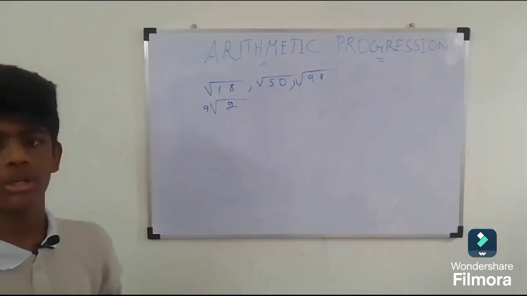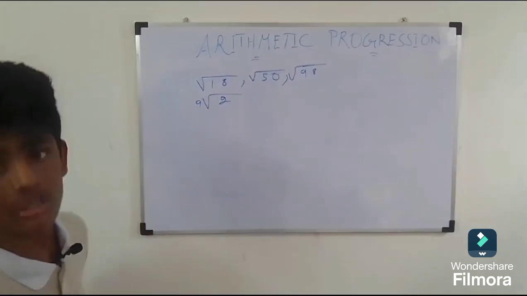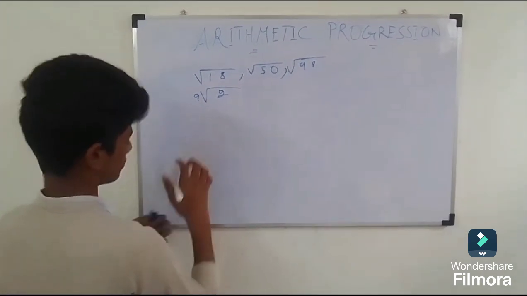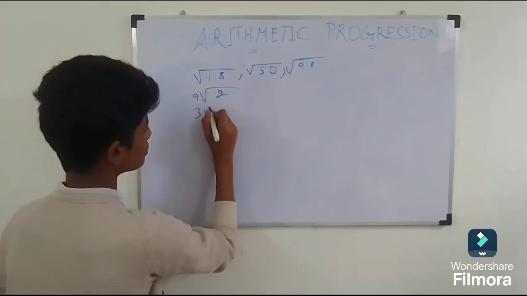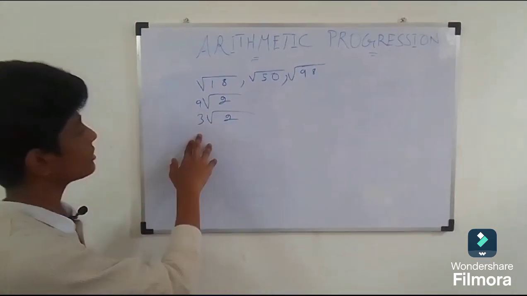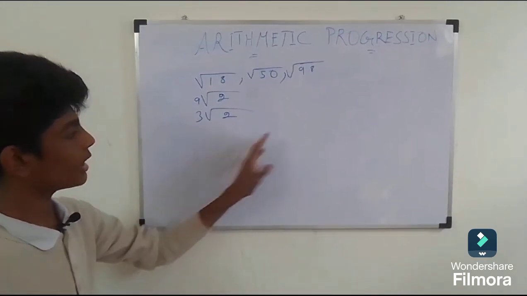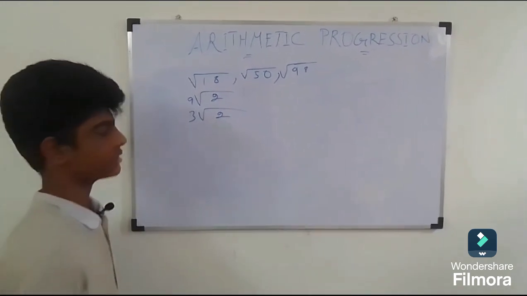And now you need the square root to simplify with another square root, which is 3 square root 2, because 3 3s are 9. This is the square root of 18. So we simplified it so that we have an easier way to add for the arithmetic progression.